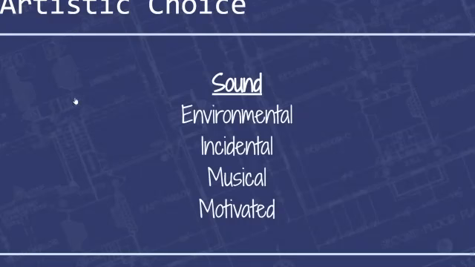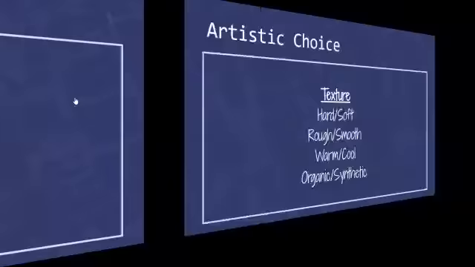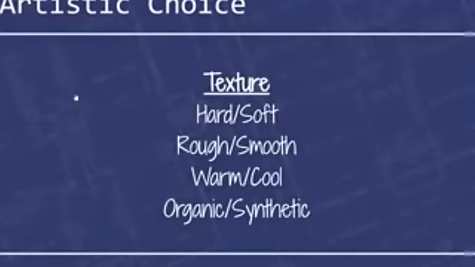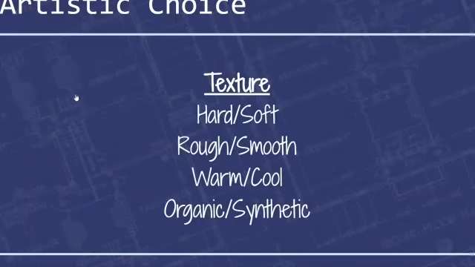Questions? All right, next slide. Texture. So texture is a little bit harder to define in some ways because you don't generally think about texture on a day-to-day basis, but hard edges versus soft edges, rough and smooth things, warm and cool, which you may not think of as texture.